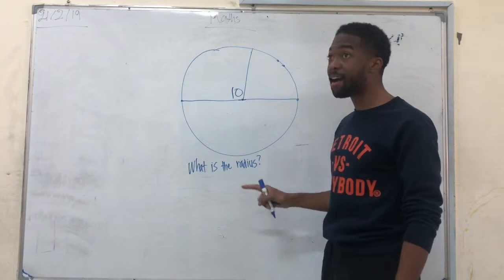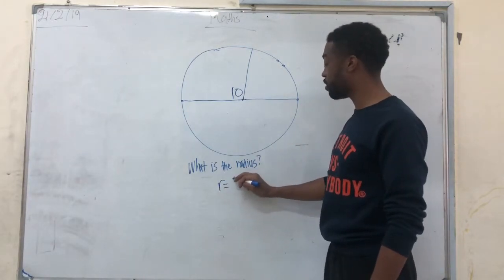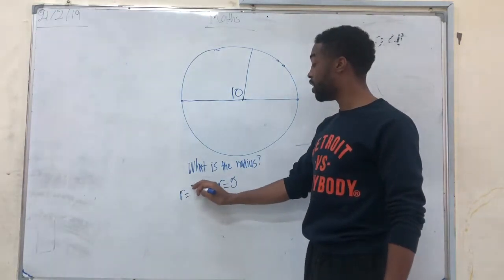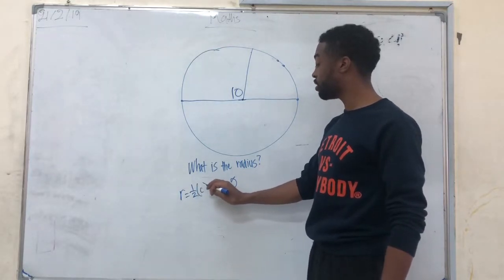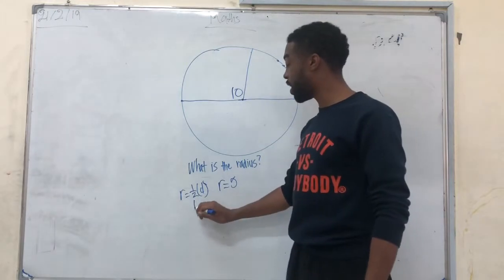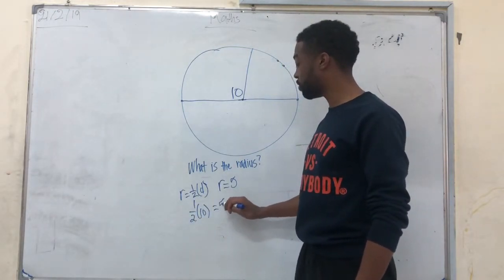So 1/2 of 10 equals 5. R equals 5, okay? Because the radius is 1/2 times the diameter. So 1/2 times 10 equals 5.